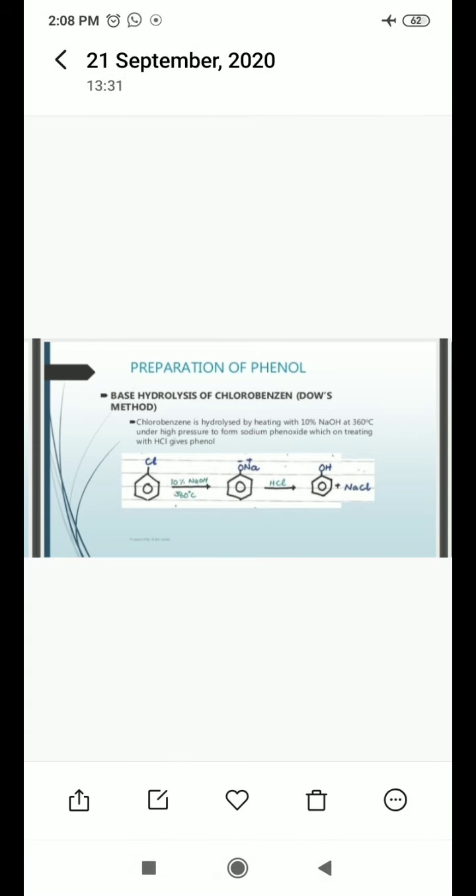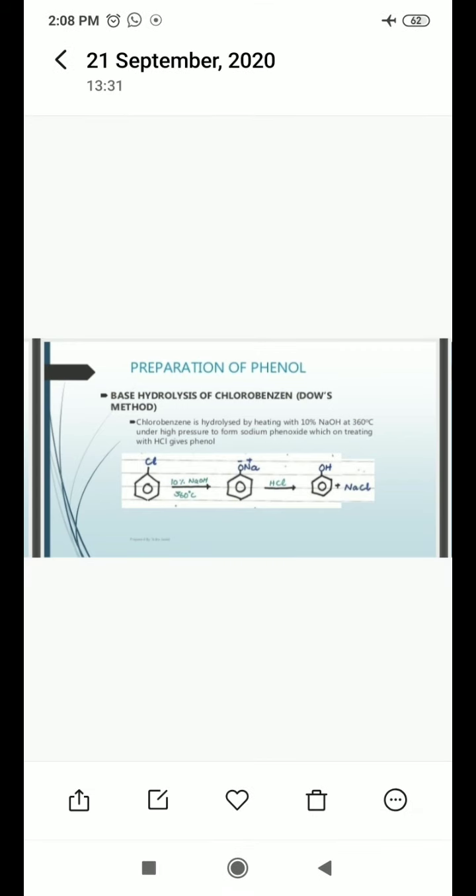This sodium phenoxide, we should neutralize the Na plus with the help of hydrochloric acid. Na plus can easily be neutralized using HCl, which is a strong acid.